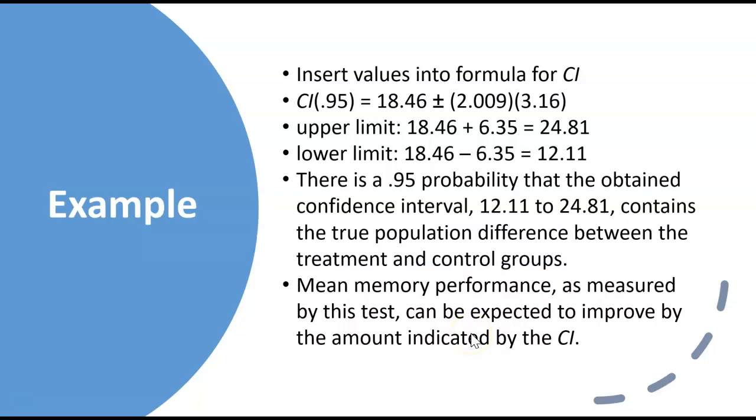So the conclusion you could draw is that mean memory performance as measured by this test can be expected to improve within that boundary. You may not get the exact improvement that you see in your test, but your level of improvement can be expected to be between these two amounts of increase.